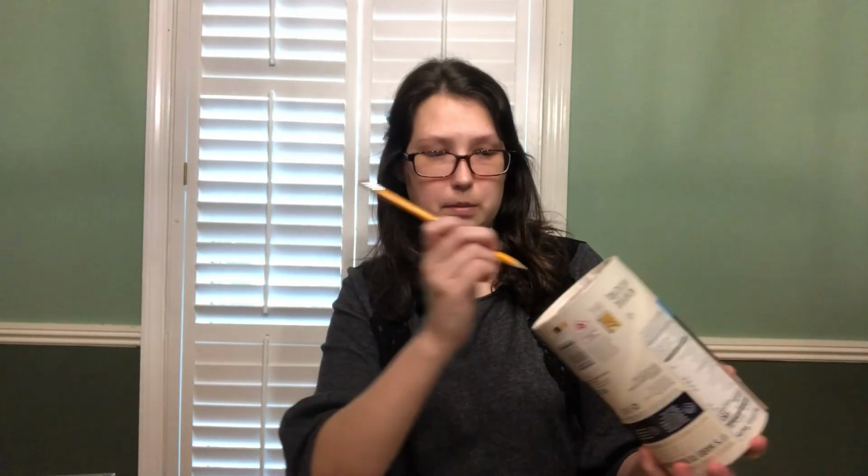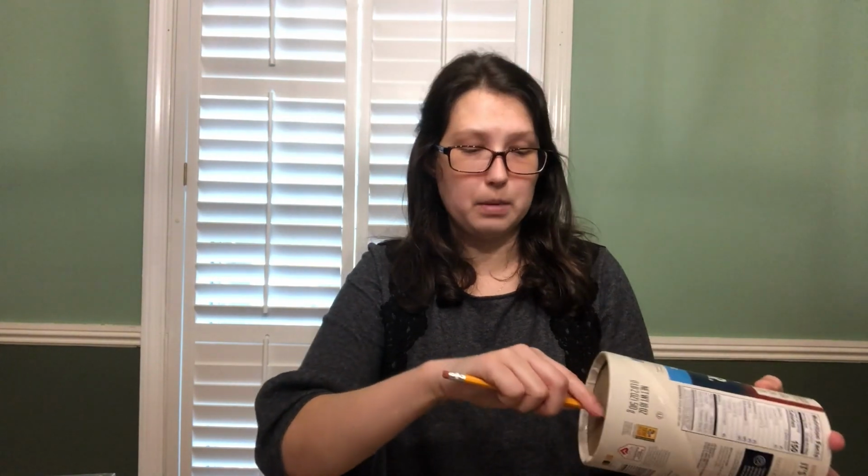So I'm just going to use a pencil and poke it through. What we're eventually going to do is put a flashlight up against this hole. So the hole doesn't have to be very big, and you can always make it small and then make it a bigger hole later if you need it, if it doesn't seem like enough light is getting through. But I'm going to start with about that size.